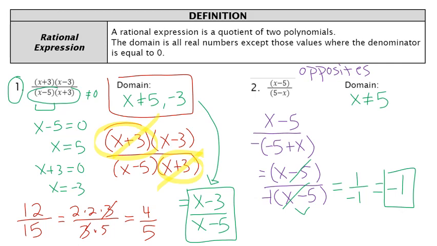So what that means is anytime I have opposite factors, it's going to reduce to be negative 1. Another example of that would be if I had, let's say, x minus 6 over 6 minus x. It's the same thing, just flipped around with subtraction. That would reduce to be negative 1 as well. And we'll see some of those pop up in the next few examples.